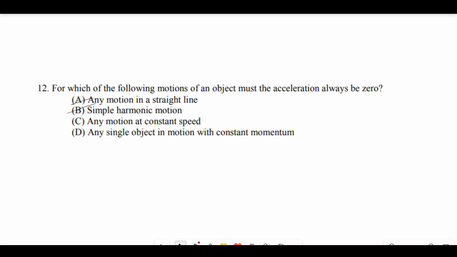So that's why choice B is incorrect, and I will make a video on that if I haven't yet. Choice C says any motion at constant speed. Choice C is incorrect because if we remember uniform circular motion, there's something called centripetal force and centripetal acceleration. Centripetal force is a force, and remember, force is equal to mass times acceleration.